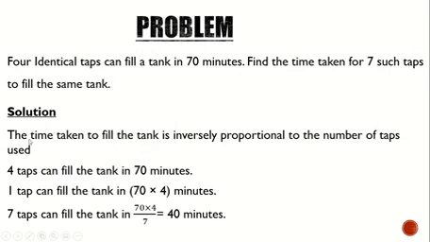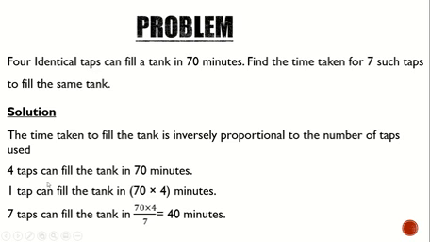Solution: the time taken to fill the tank is inversely proportional to the number of taps used, because when we increase the number of taps, the time taken to fill the tank will be reduced. When we decrease the number of taps, the time taken to fill the tank will be increased.